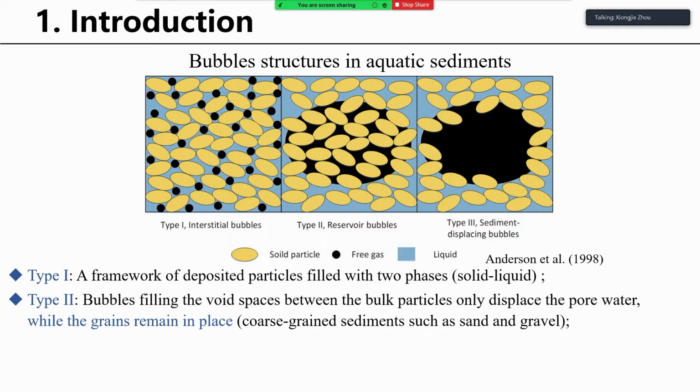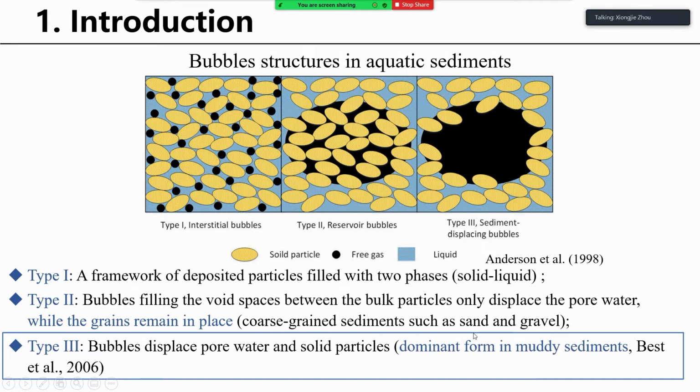And type 2, when a bubble fills the void space between a number of grains, only displaces the pore water, but the bubble does not displace the grains. These bubbles reside in coarse-grained sediments such as sand.